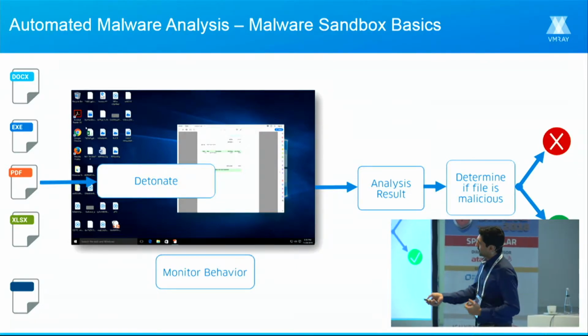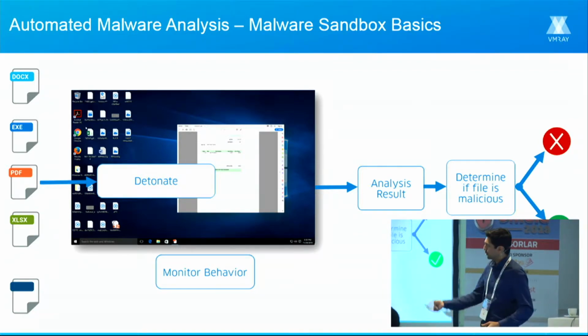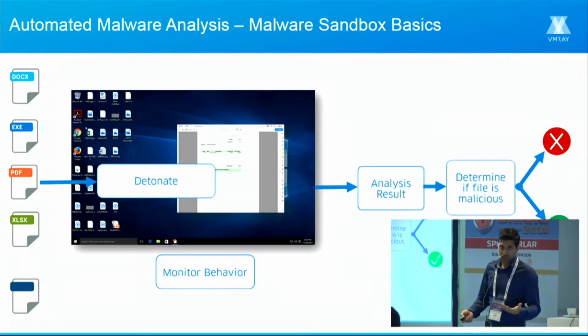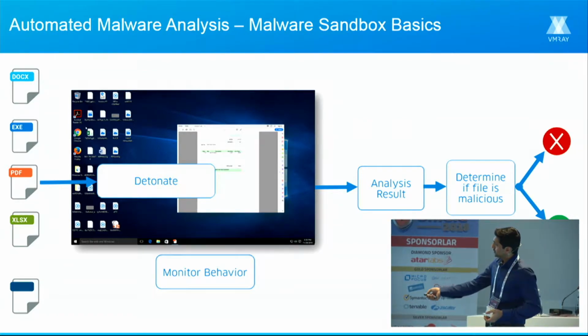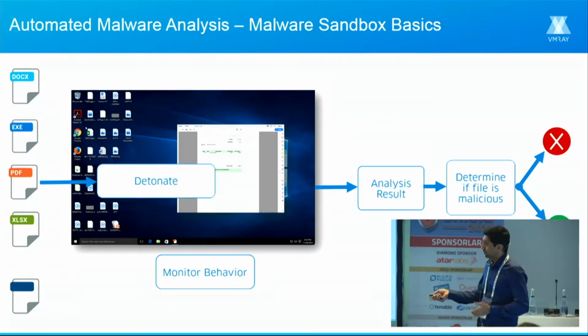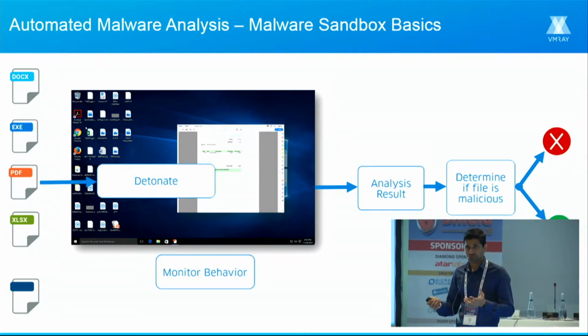So typically, as an example, let's say you receive a phishing email which has a Word document attached to it, right? You can take this attachment, submit it to your malware sandbox. It will then be executed inside or detonated inside the malware sandbox, and you can see everything that this file is trying to do, right?